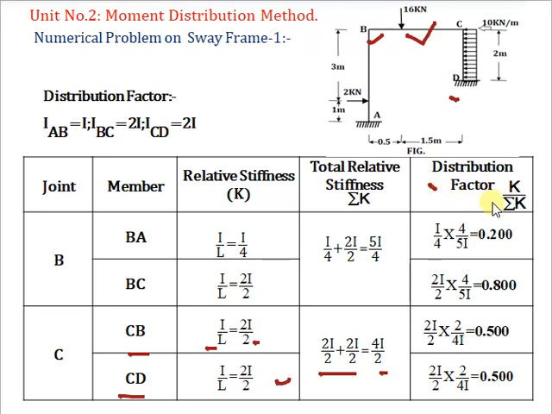Distribution factor for member CB is equal to relative stiffness K divided by total relative stiffness 4I by 2, so it becomes 0.5. Distribution factor for CD, relative stiffness 2I by 2 divided by total relative stiffness 4I by 2, becomes 0.5. So these are the values of distribution factor for each member connected at internal joints B and C.